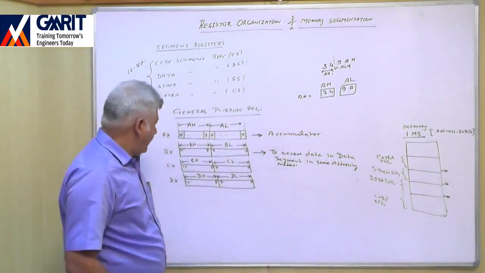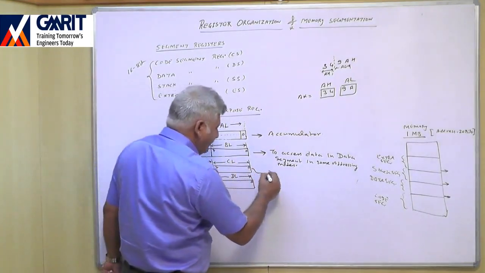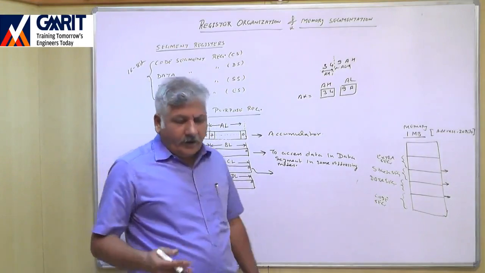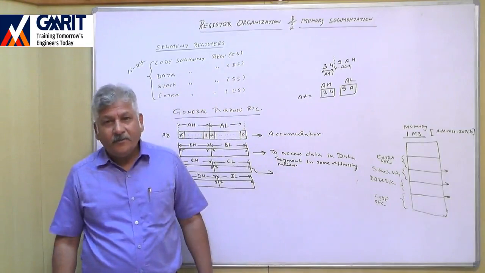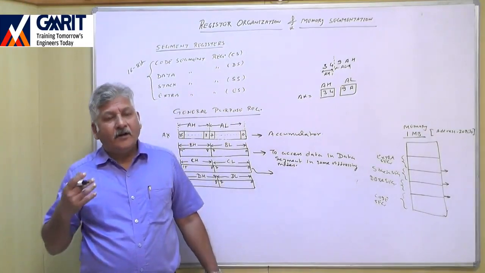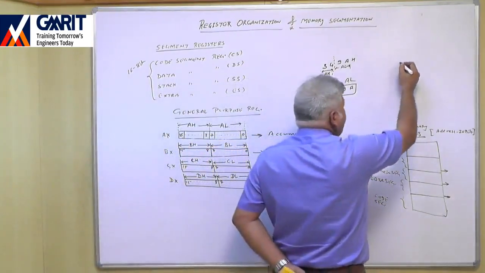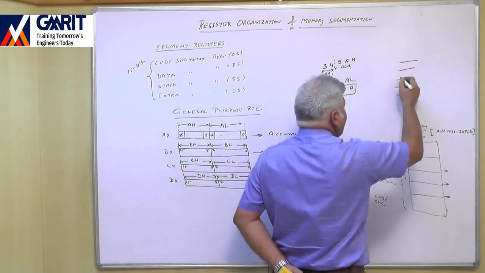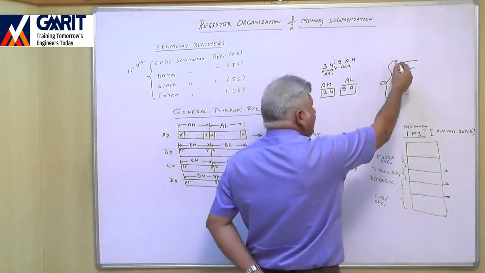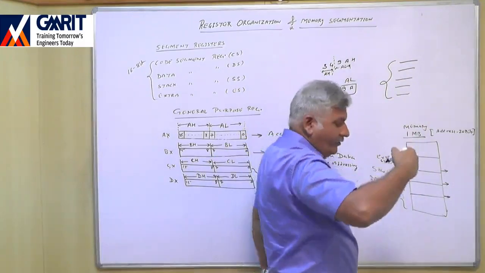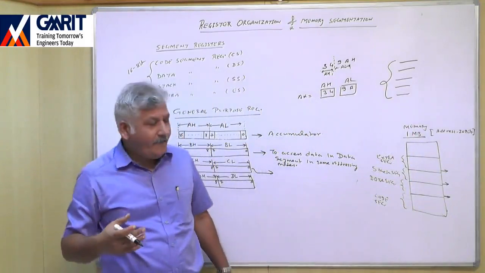Right? Now the special function of the CX register is that it can be used as a counter, right? Suppose in one program we have written a few instructions, and we want that this set of instructions should run 5 times or 6 times, right?